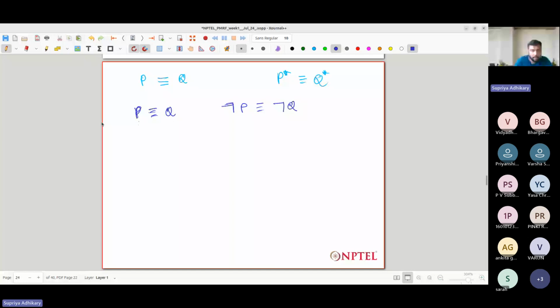Since P has attained the value T and P and Q are logically equivalent, Q must have attained the value T over here. So the negation must have the value of F over here.